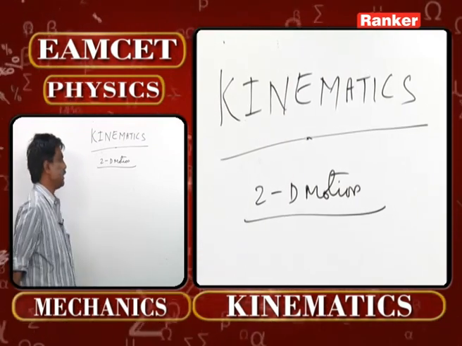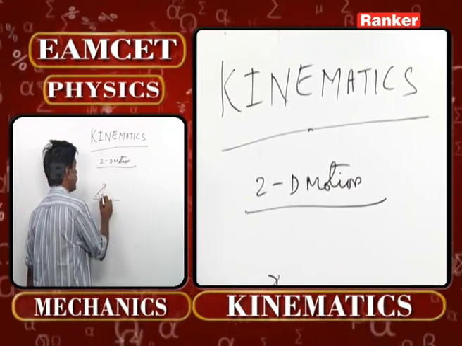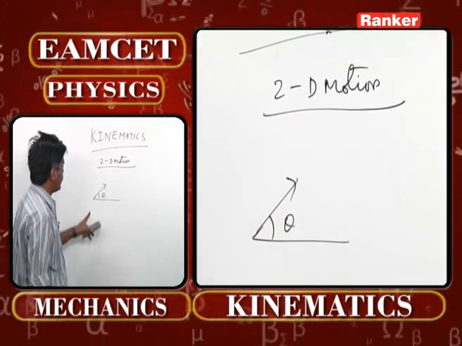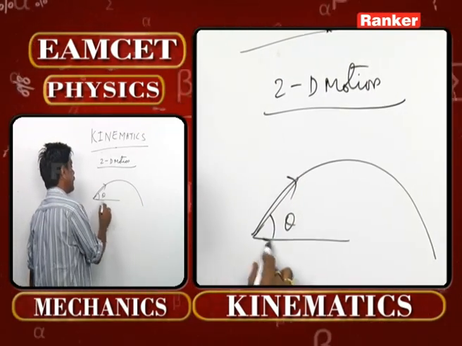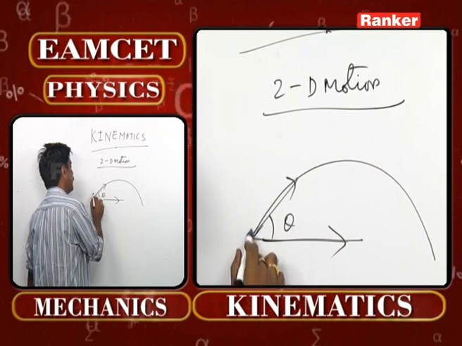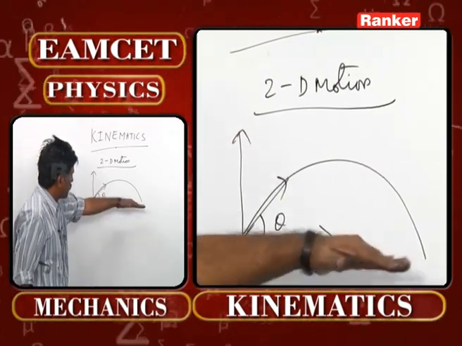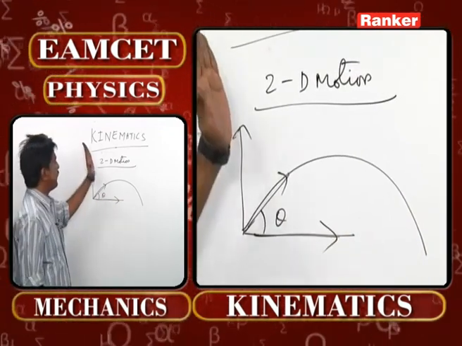Best example is a body projected at an angle theta to the horizontal. If you project a body at an angle theta to the horizontal, it will travel like this. That means simultaneously it is traveling in the horizontal direction as well as in the vertical direction. So displacement in the horizontal direction is like this, displacement in the vertical direction is like this.